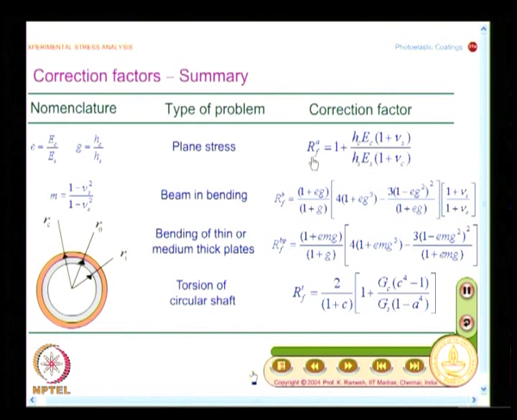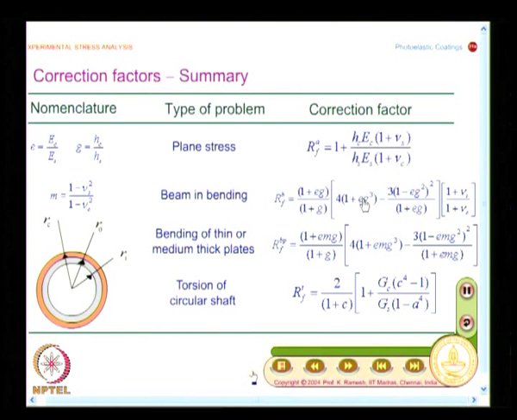We have this as RFA, where A denotes axial loading, and this is labeled as RFB, B denotes bending, and this is RFBP to distinguish bending of beams from bending of plates. You have this as BP, and RFT is used for torsion.